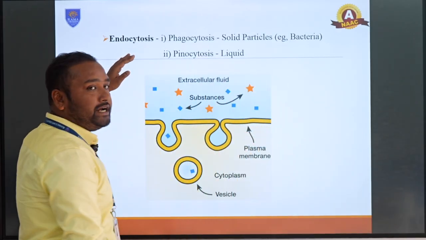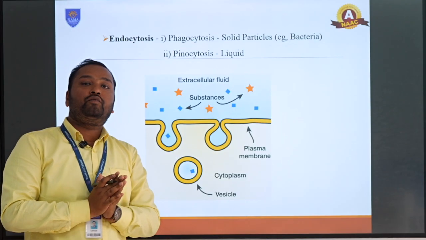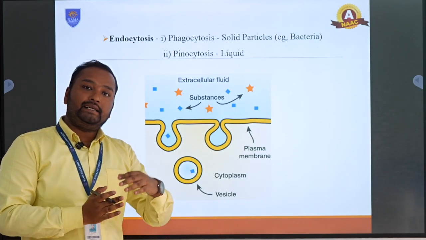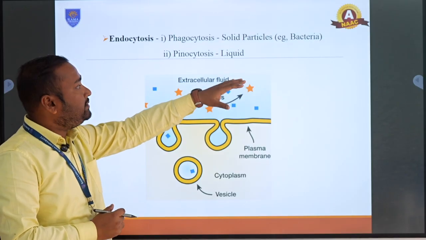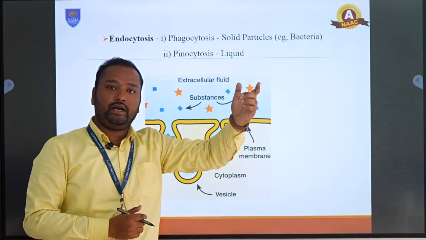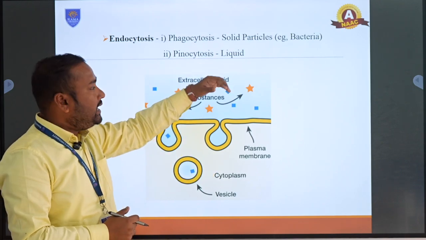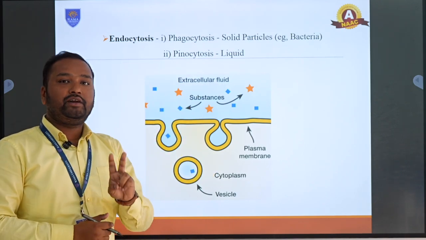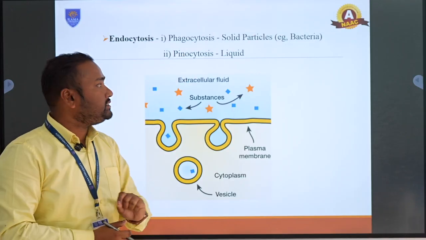Fourth is endocytosis. What is endocytosis? Basically it is the engulfment of any kind of molecule, either an antigen or any kind of particle. For example, any bacteria coming from outside into our body will be engulfed. Endocytosis is basically classified into two categories: one is phagocytosis, another one is pinocytosis.